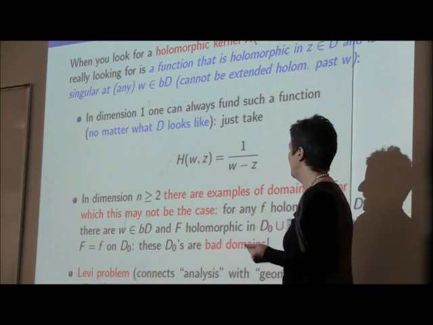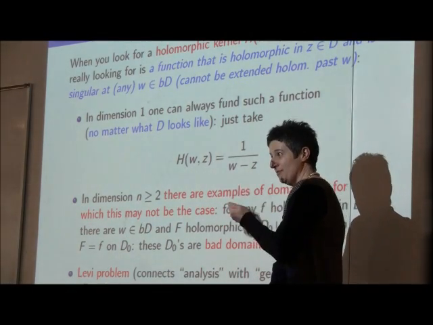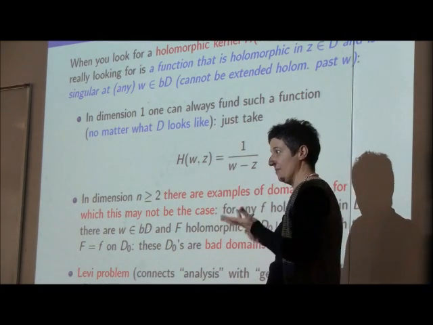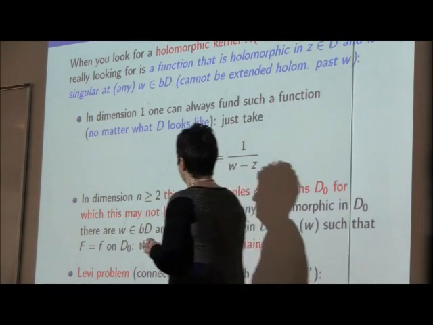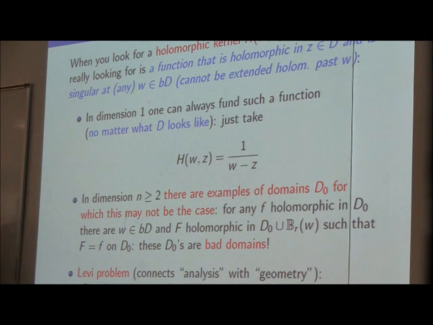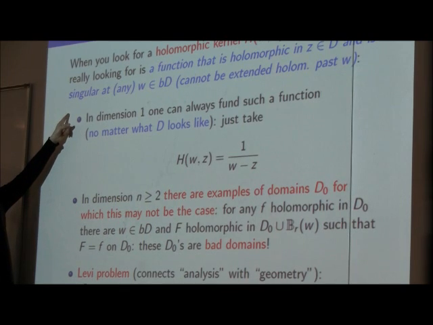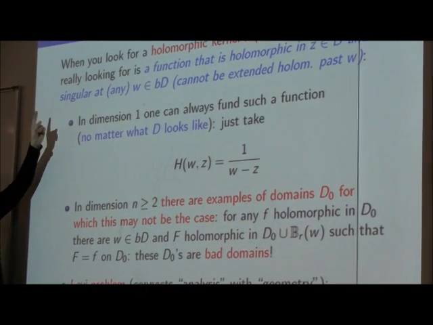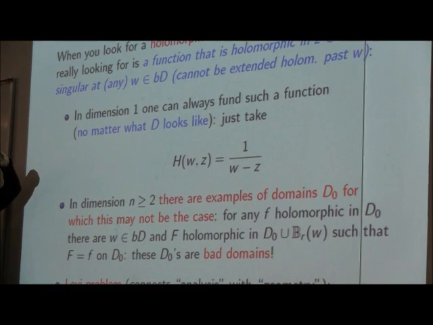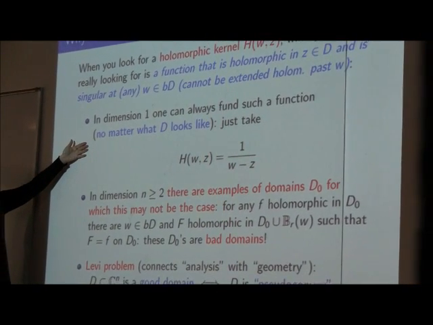But I haven't told you yet why this requirement of holomorphicity makes this phenomenon of pseudo-convexity pop out. Let's see if we can make sense of that. See, the problem is that when you look for a kernel that's analytic or holomorphic in Z, for fixed W on the boundary, what you're really looking for is a function that's holomorphic in Z and is singular, cannot be extended analytically past W. Now, in dimension 1, you can always do that.